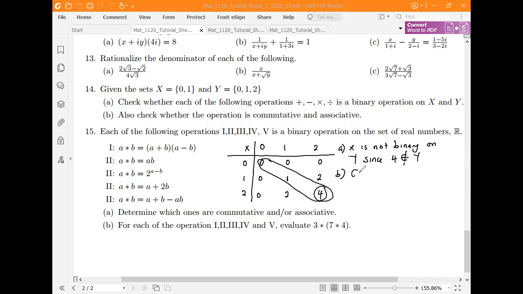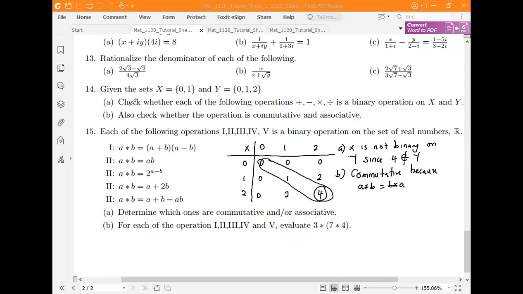But you don't say because all numbers are the same, you just say commutative.